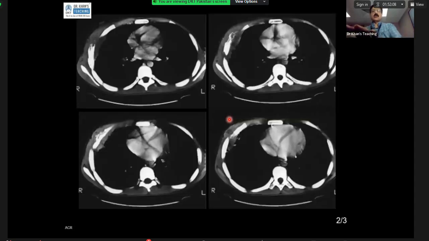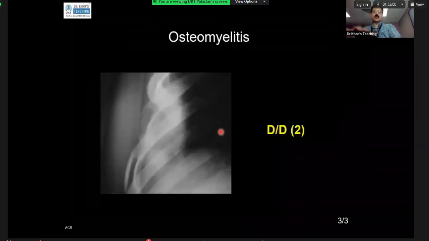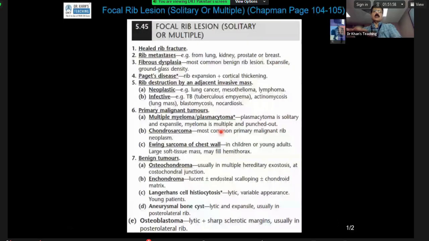Now, on the CT, you can again see there is bony destruction and some soft tissue component. The differential diagnosis is a focal rib lesion, solitary or multiple. Please remember that the examiner wants the differential diagnosis in this case.